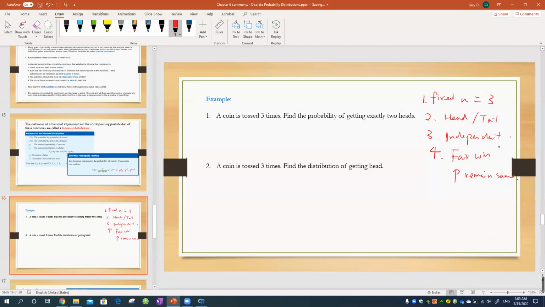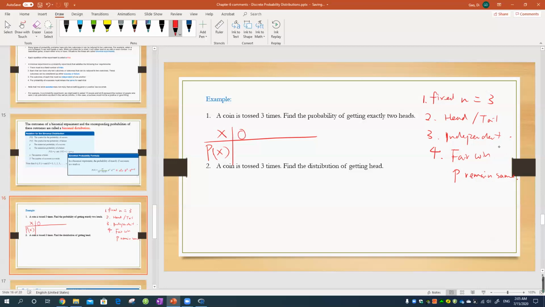Then how can we write down a distribution? Still the same thing: we have x and probability of x. This is a binomial distribution, a discrete distribution, so we can always look at the table format of the discrete distribution. If you toss a coin 3 times, then you could have no heads, so x can take 0.